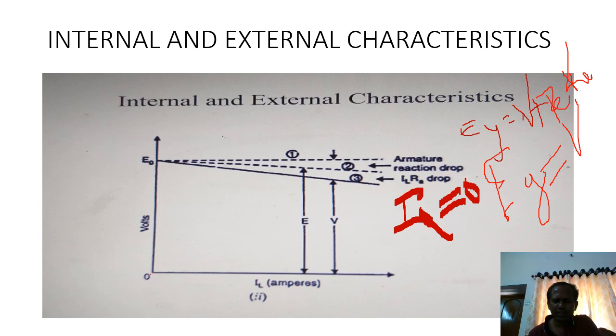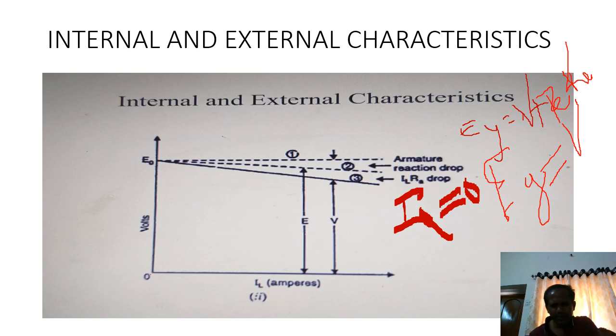Actually, we know that under no load condition there is no demagnetizing effect. So you will get this curve of E0 and IL at constant 0. There is a maximum induced voltage, which is constant. You will get that dotted line.